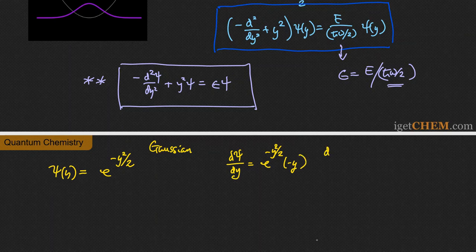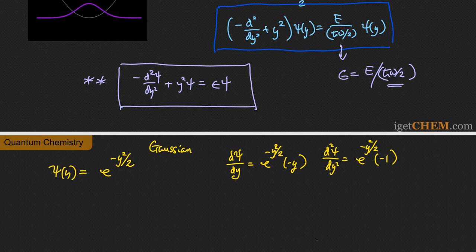Now you can do the second derivative, which is to take the derivative of that one again. This is a product of two functions, so you use the product rule. The first one will give you e to the minus y squared over 2 times the derivative of minus y, which is just minus 1.